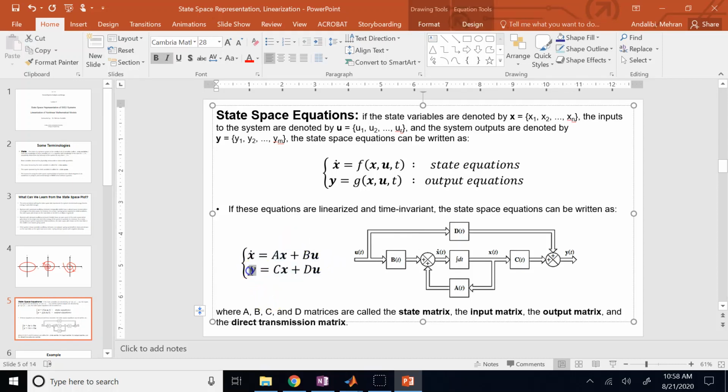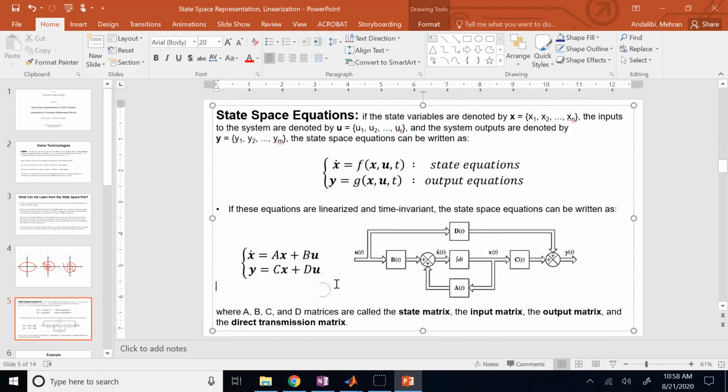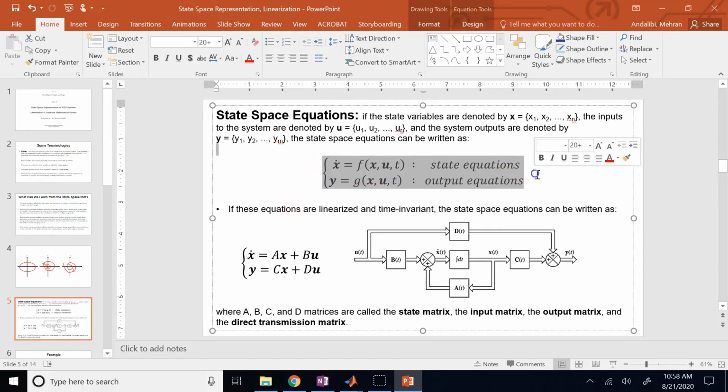Then your output vector is a matrix C times the state. We call it the output matrix, and then another matrix D times the input, which we call the direct transmission matrix. Okay, so this is what we're going to do in this course. We use linear equations, but in general you can do nonlinear and write them this way.